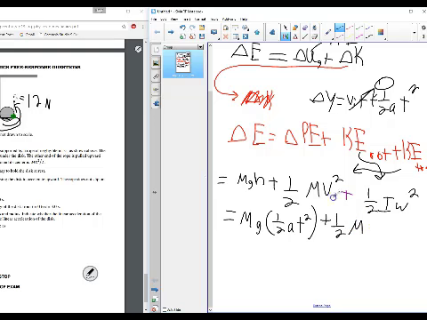Sounds good so far, but we don't know the velocity. But what we do know is the value for the rotational velocity.